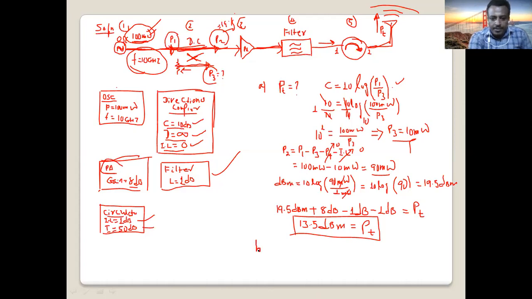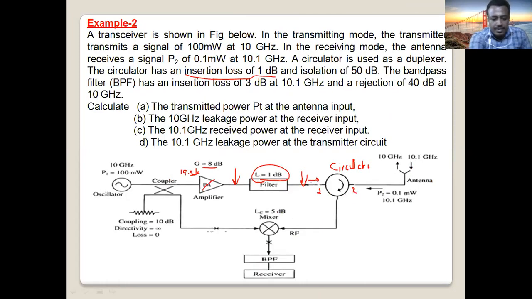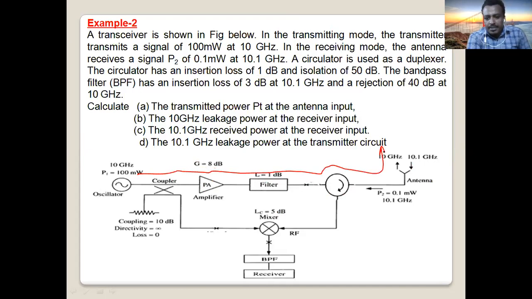Now, part B. This 10 gigahertz signal, is it going to the receiver side? Look here. Now we are transmitting a signal from the oscillator, so it goes through the amplifier, filter. It must go to the antenna side and be transmitted. But this circulator, as I said, is not perfect.